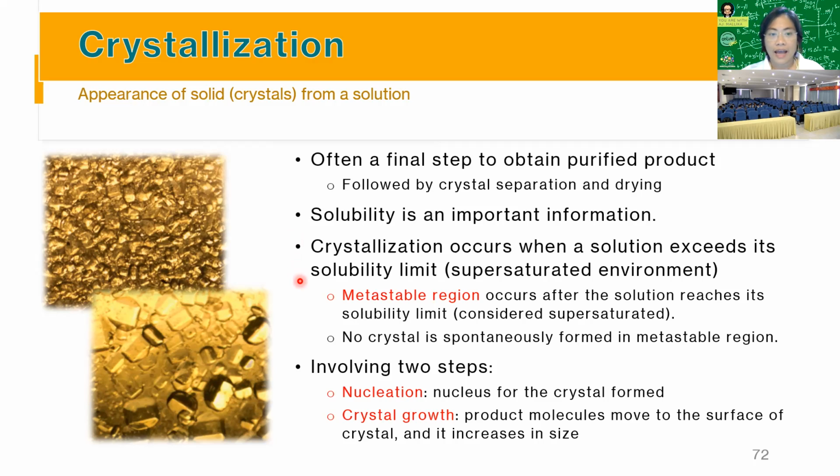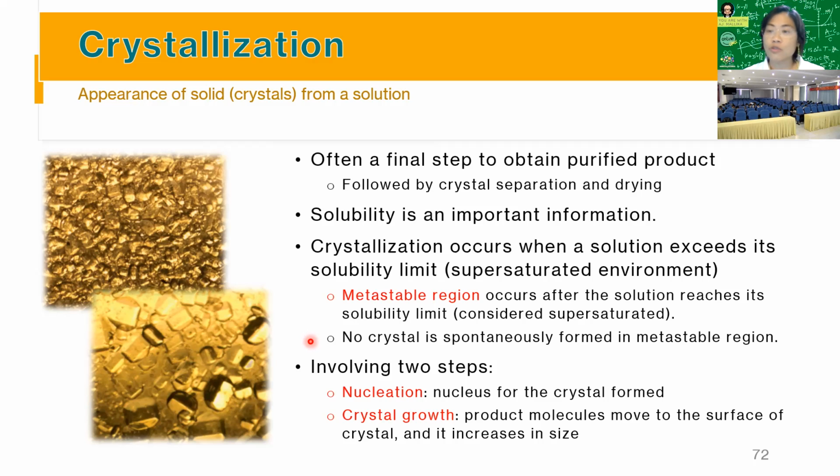It involves what we call a metastable region. I'll talk about it in the next slide. It happens after the solution reaches the solubility limits and goes into the supersaturated environment. Basically, no crystal is spontaneously formed in the metastable region. It's not like it's supersaturated, so the crystal forms; it doesn't work like that.